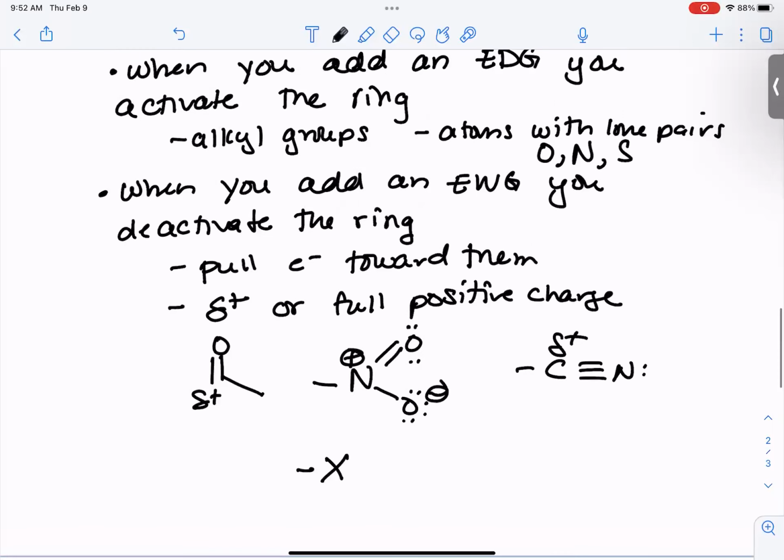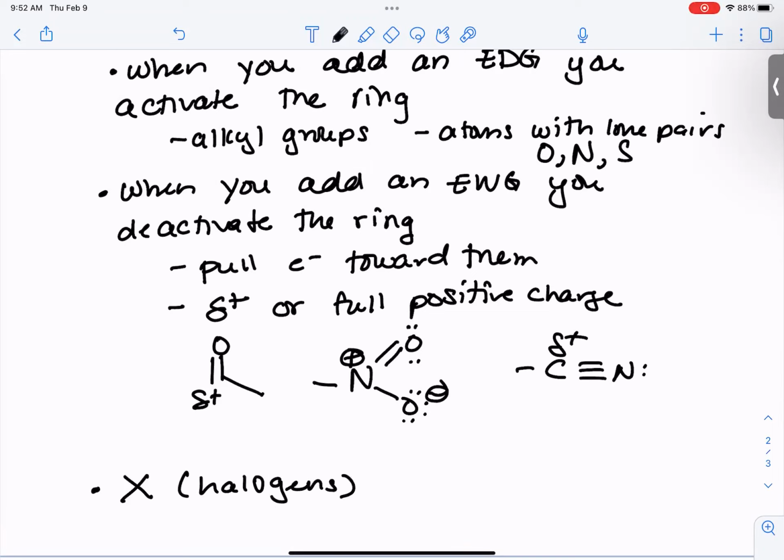Actually, you know what I'm going to do? I'm going to put the halogens here. I'll make a separate category for the halogens, as a separate bullet point.